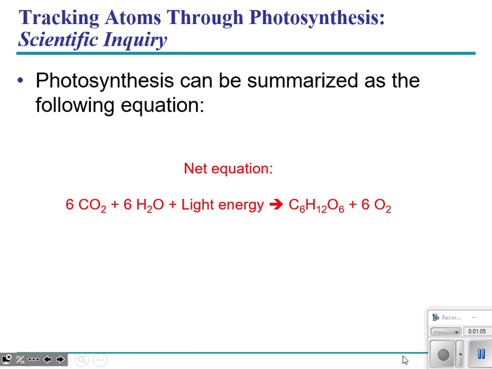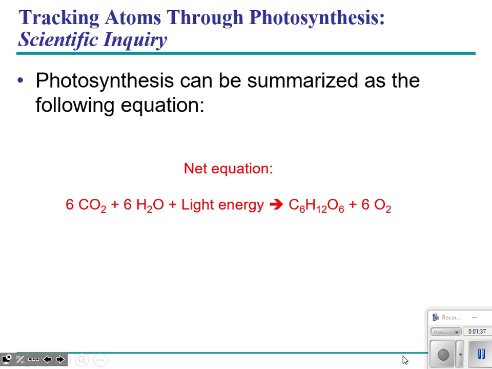Six carbon dioxides plus 6 water plus light energy yields C6H12O6, which is glucose, and 6 oxygens.